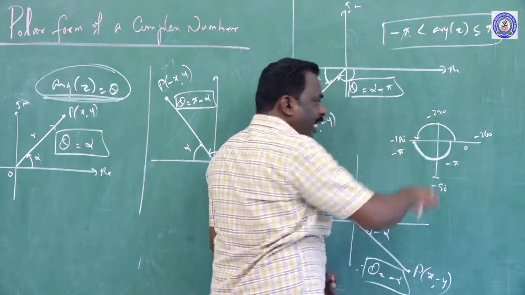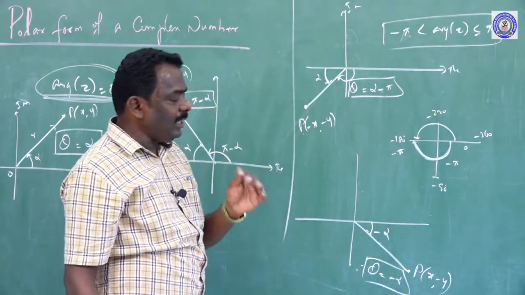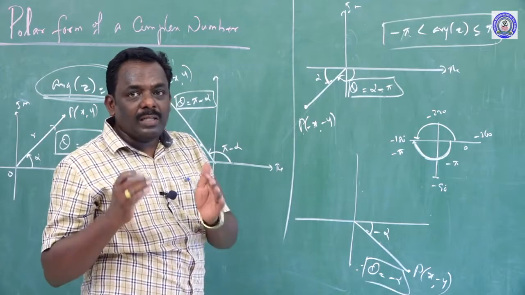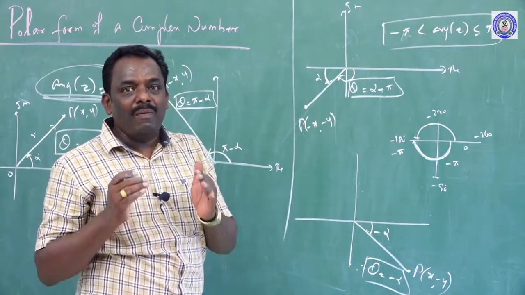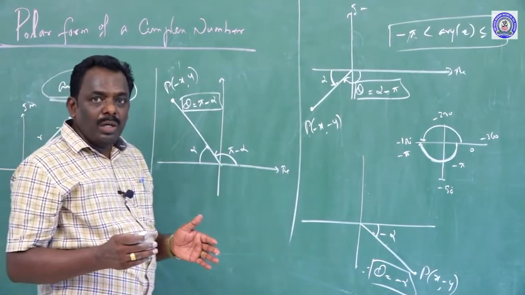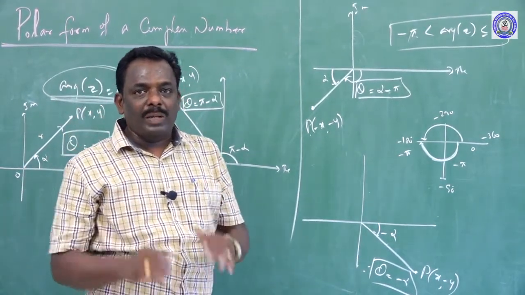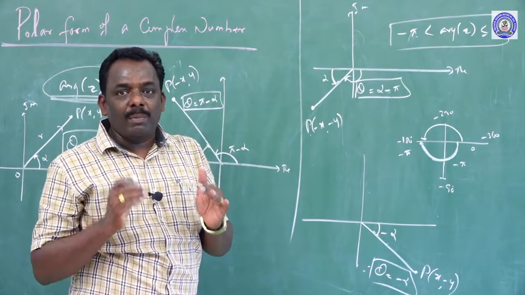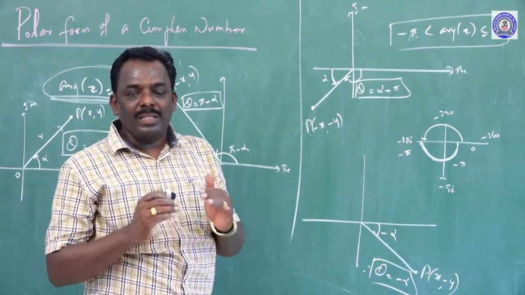Therefore, one rotation from minus pi to plus pi is the argument of z, which is called the principal value. The principal value lies between minus pi and plus pi, less than or equal to plus pi, and is called the principal argument of the complex number z.